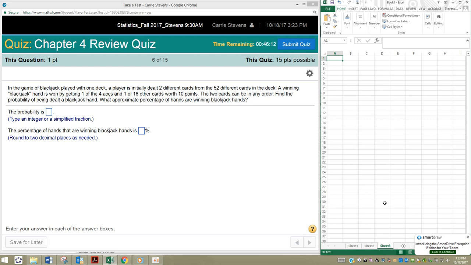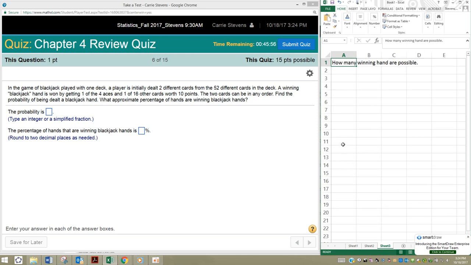First of all, we'll figure out how many winning hands are possible, and then we will also figure out how many ways to get each of those winning hands.